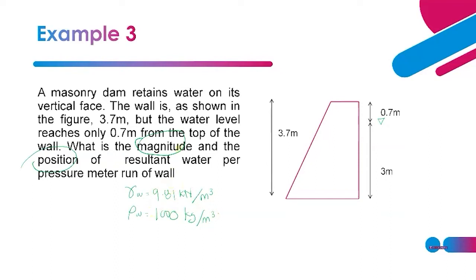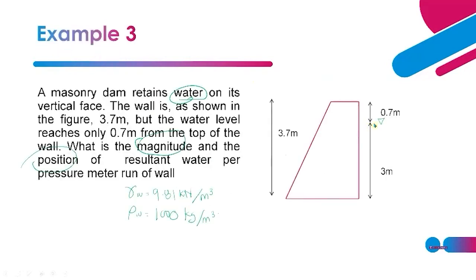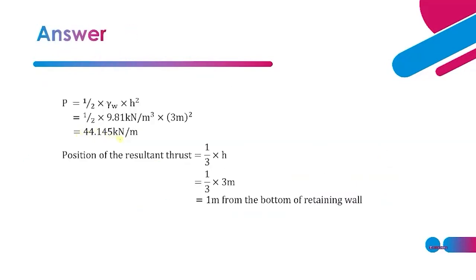If let's say not given, you baca ada perkataan water kat sini, automatic you tahu unit weight dia 9.81 kilonewton per meter cube. Just put it here, 9.81 as a unit weight and then 3 meter. Okay, because of here already given that 3 meter. You dapat 44.145.